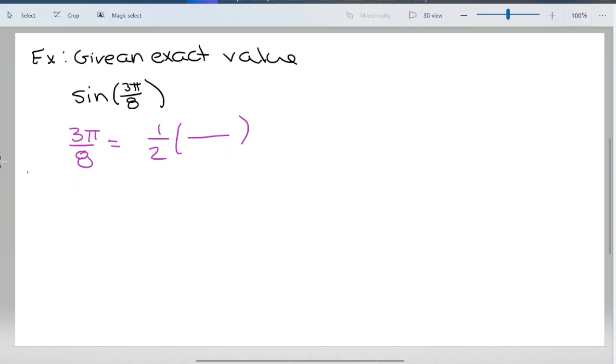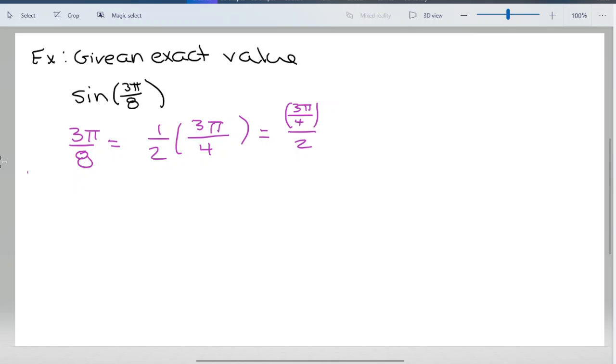So if I want this to be 3 pi over 8, this needs to be 3 pi, and this is going to have to be 4. So 3 pi over 8 is 1/2 of 3 pi over 4. To look more like the formula, we might write it like this.